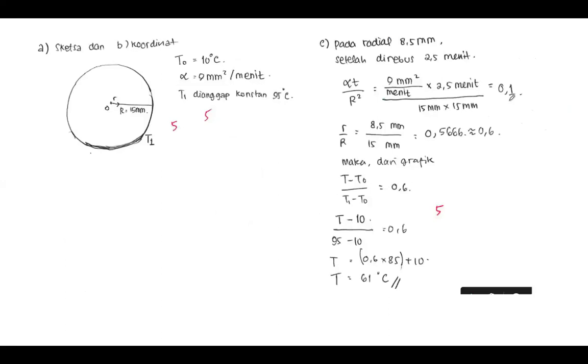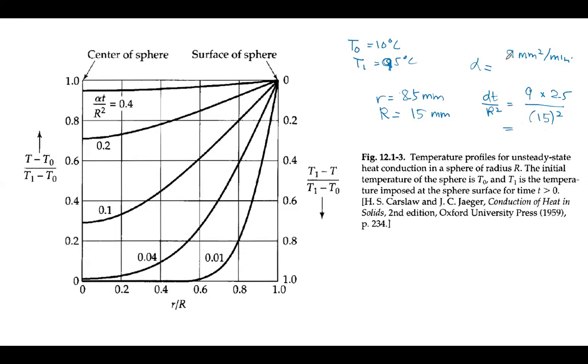This one, yeah, 0.1. Okay. So because your parameter alpha t over R square is 0.1, then we can use this curve.